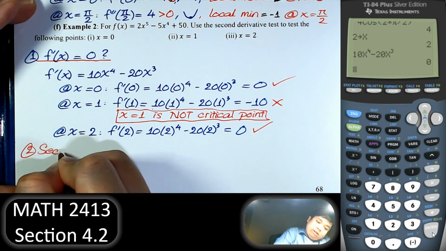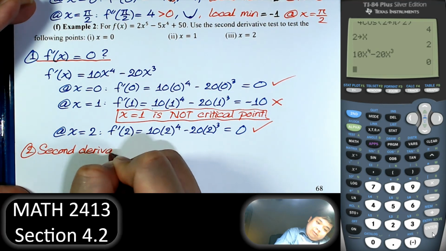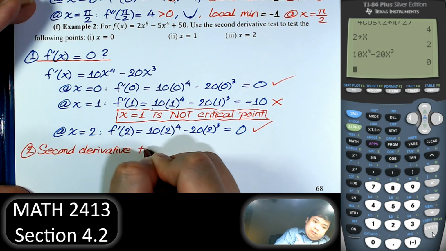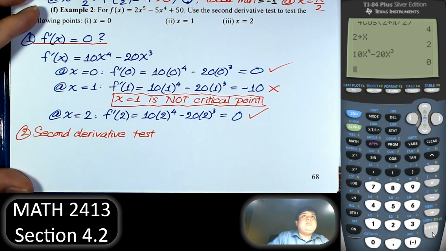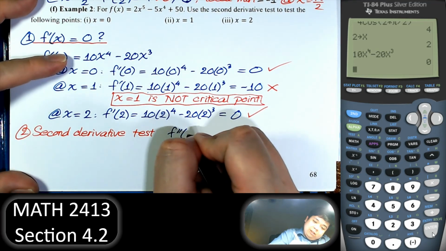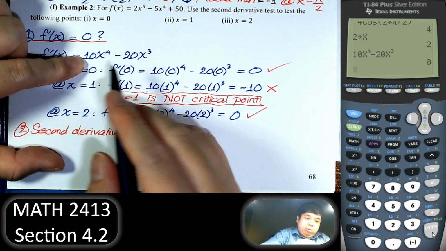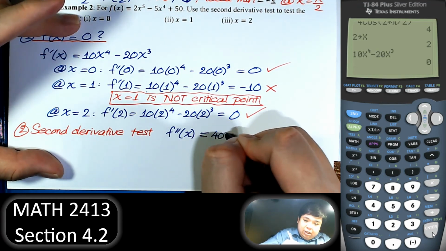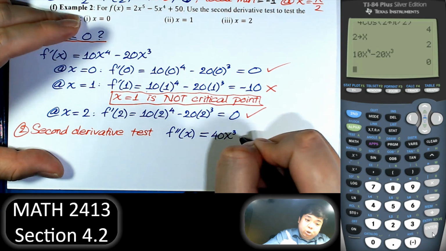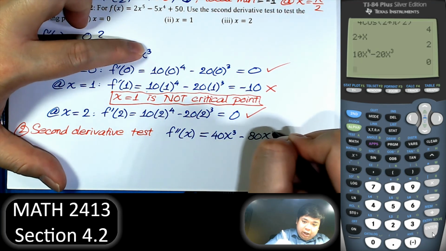So, second derivative test. The second derivative, bring down the 4, so 40x cubed minus 80x squared.